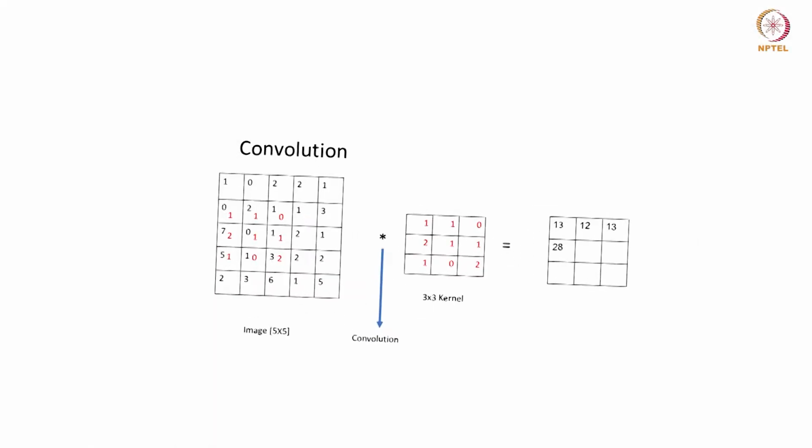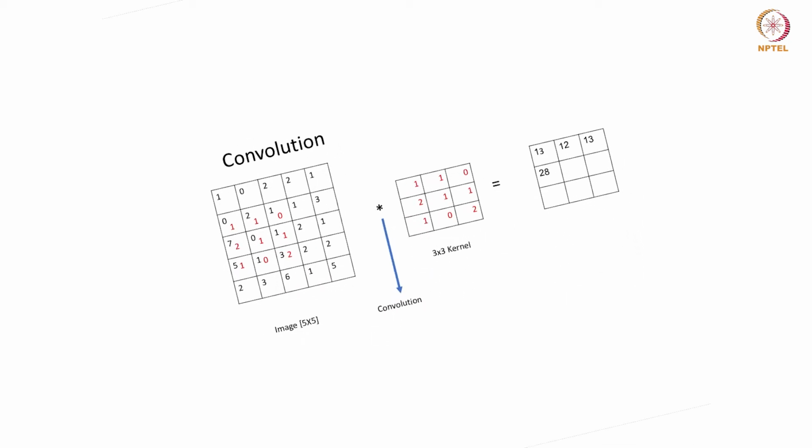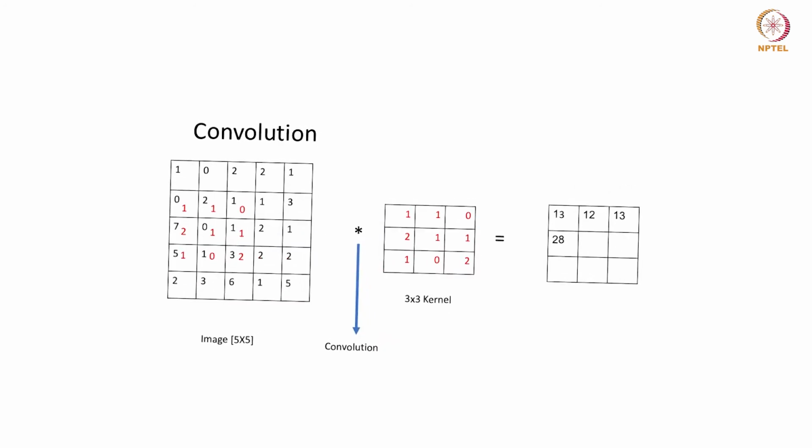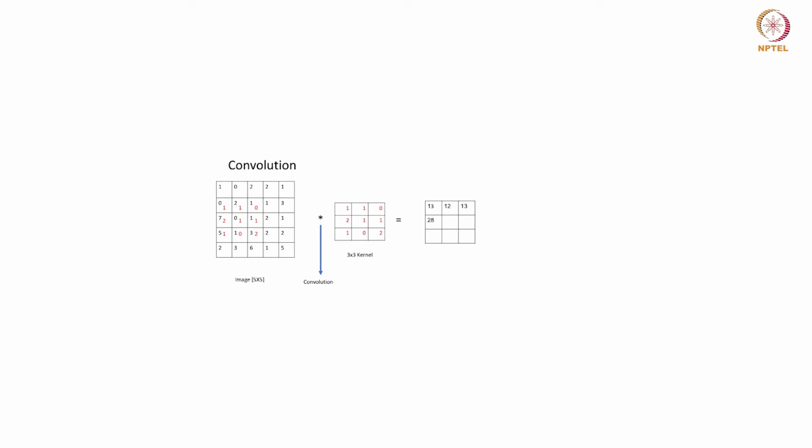Similarly, here, after hitting this rightmost pixel, you now moved it one step down, 1 pixel down, and then you continue doing the same operation. So you can keep doing this until you get your final output.